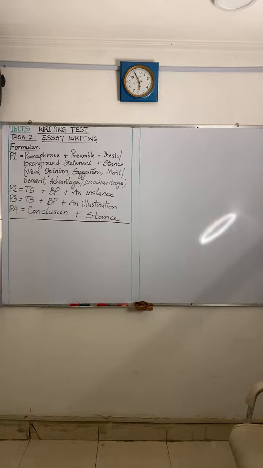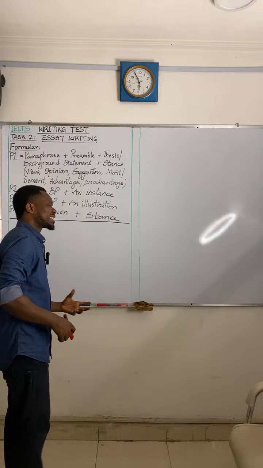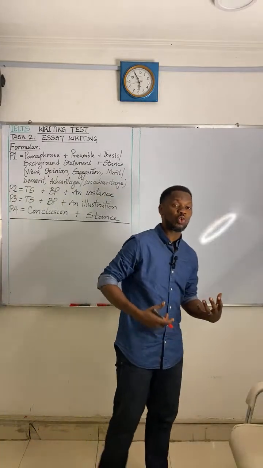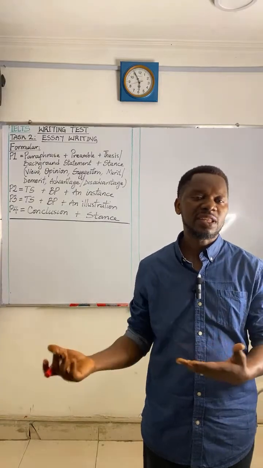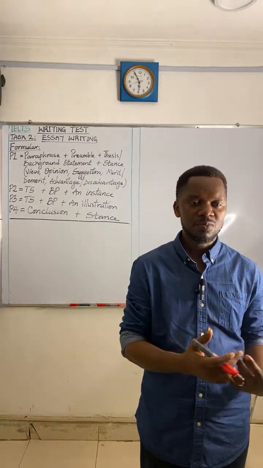The thesis or background statement is a written statement that confirms to the examiner what you intend, what you will be doing in the essay. Perhaps the path you would like to go for.